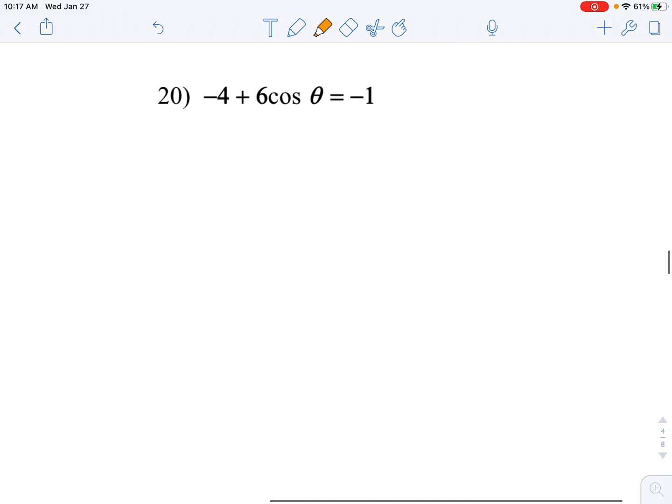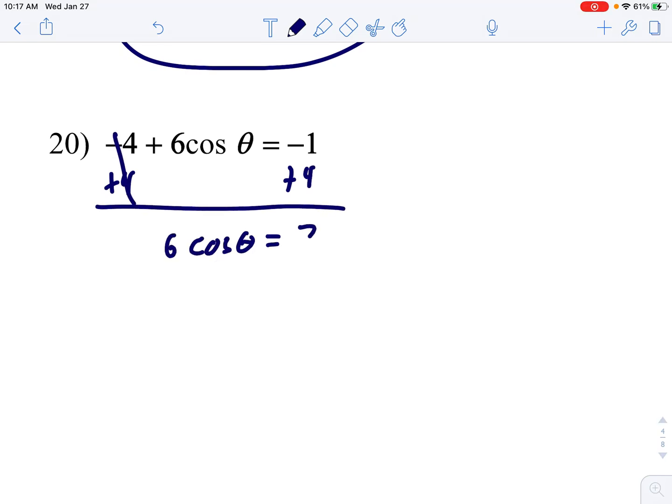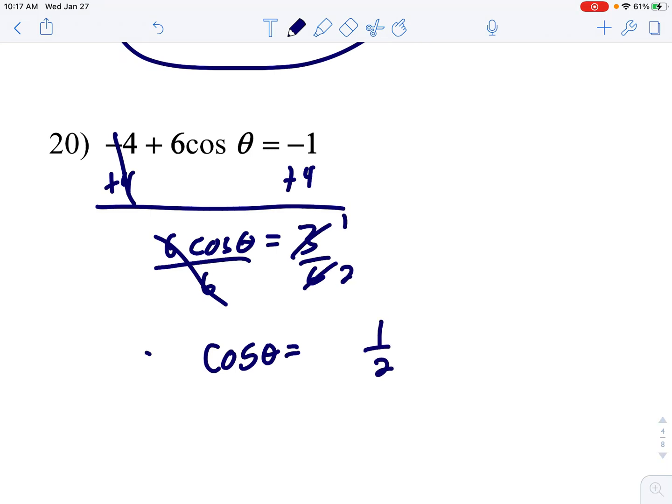All right, last one, number 20. Let's start by adding 4 to both sides. 6 cosine theta equals 3. Divide by 6. Cosine theta equals 3/6, which you can reduce down to 1/2. Inverse cosine of both sides.